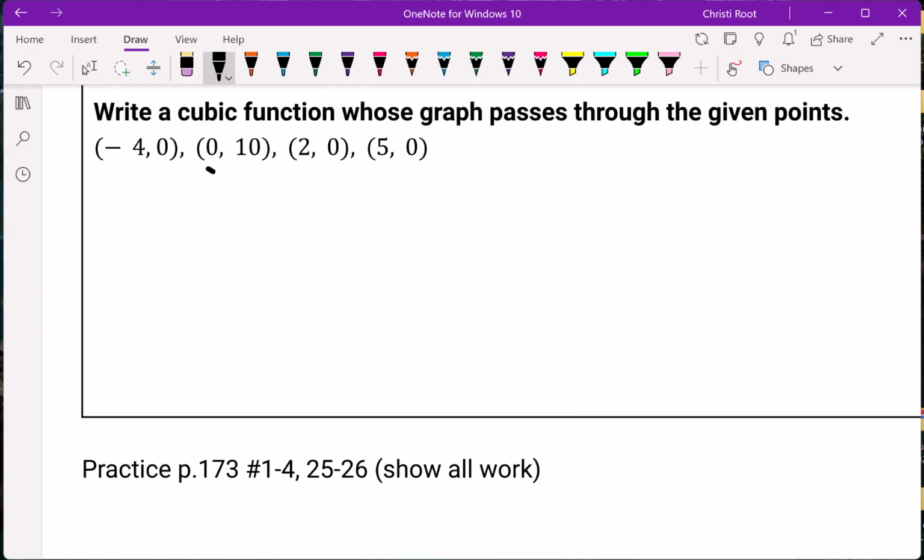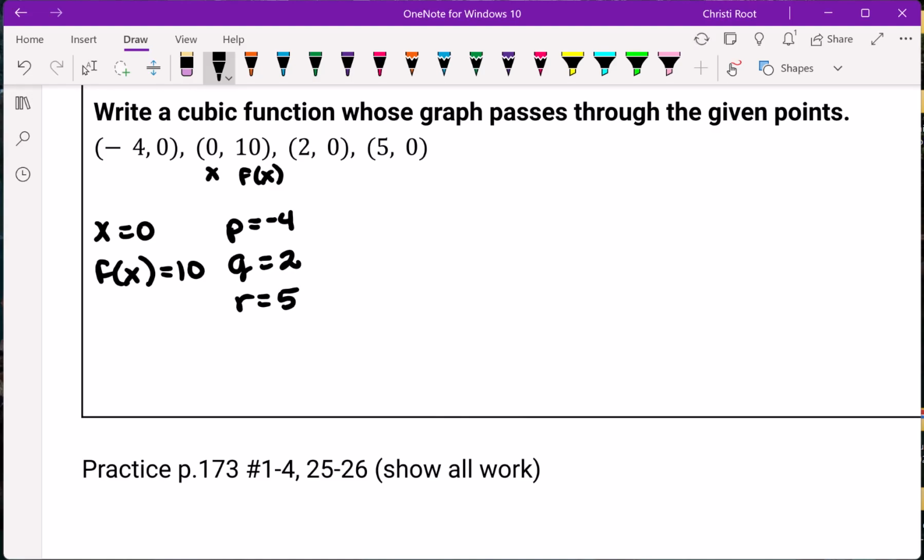But I'm going to make that x and f of x. So x is equal to 0, f of x is equal to 10. That is my y-intercept. All of these other ones are going to be zeros. So p is equal to -4, q equals 2, and r is equal to 5.